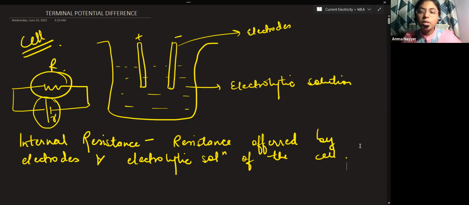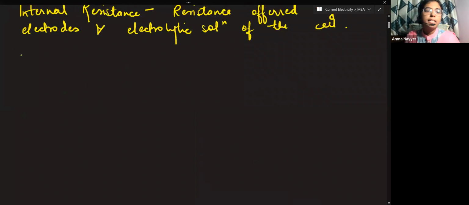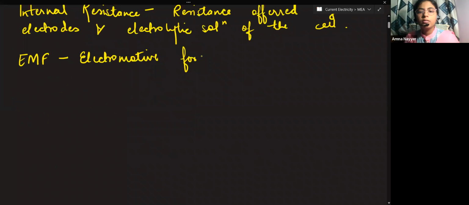Now, apart from this, what did I tell you? EMF, electromotive force. EMF's full form is electromotive force, but this is not a force. Forces that are there in nature, for example electrostatic force, which you must have studied in 11th, or gravitational force, are actual forces of nature, given as mass into acceleration.